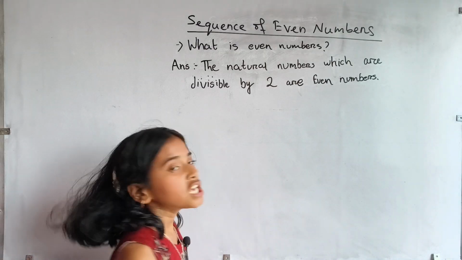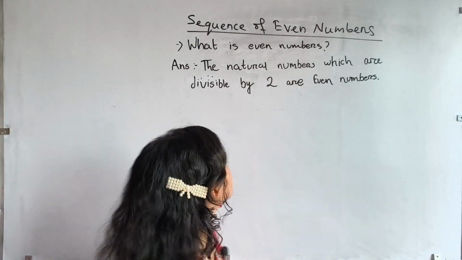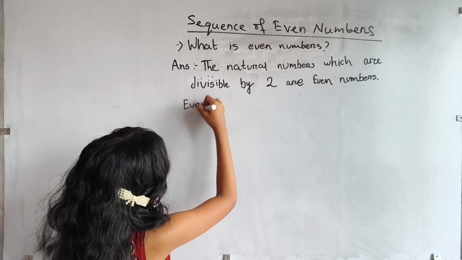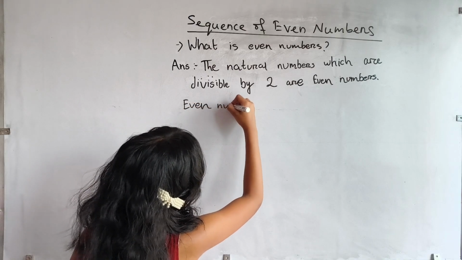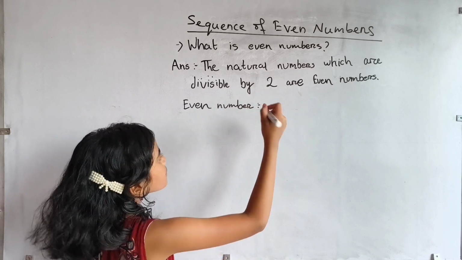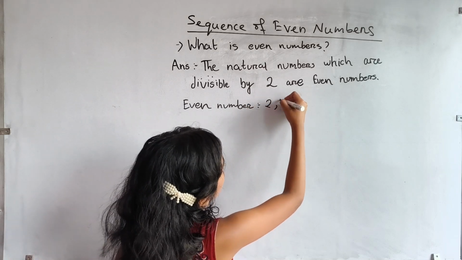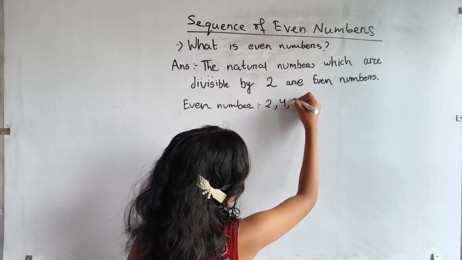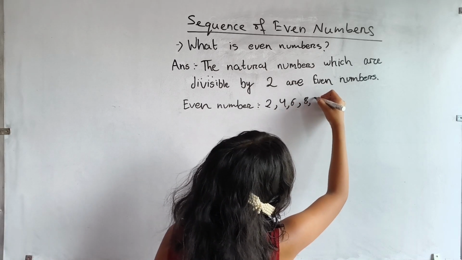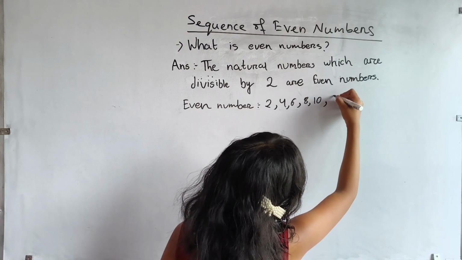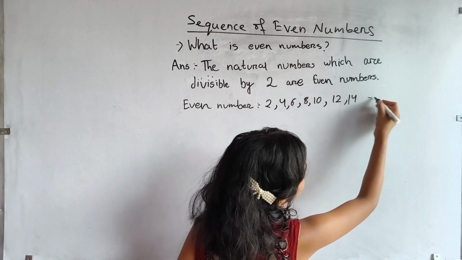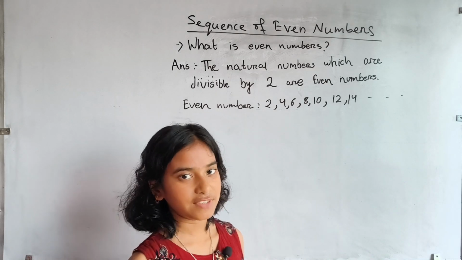Some examples of even numbers are 2, 4, 6, 8, 10, 12, 14, and so many more are even numbers.